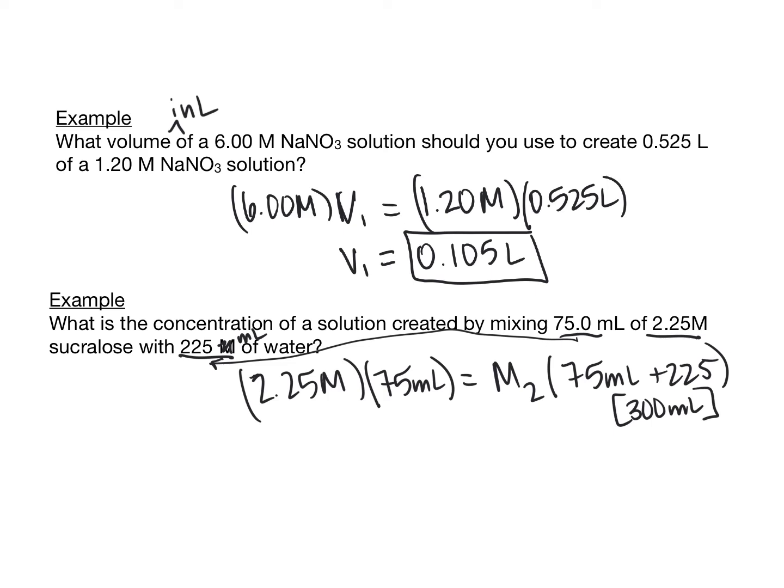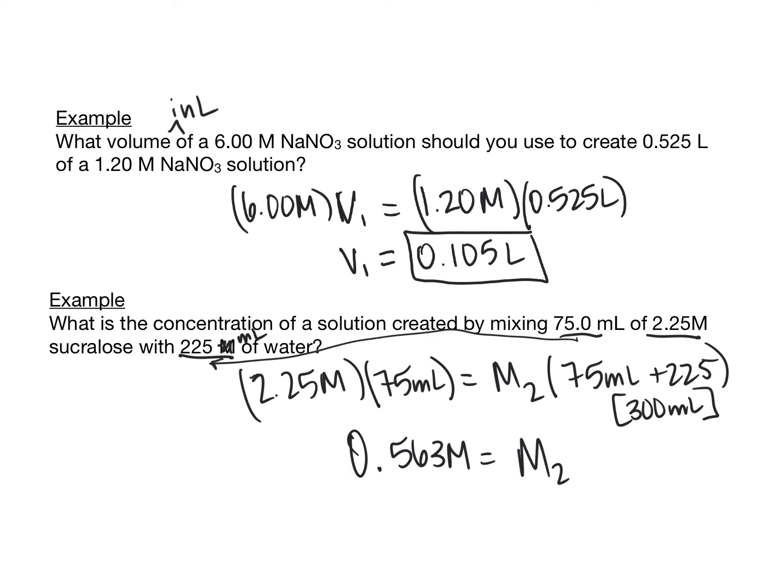Now you might be asking, do the units cancel? And it turns out that they do, since they're both on the same side. If you had milliliters on one side and liters on the other side, they would not cancel, but you can leave them as is. So M2 in this case is going to be equal to 0.563 molar.